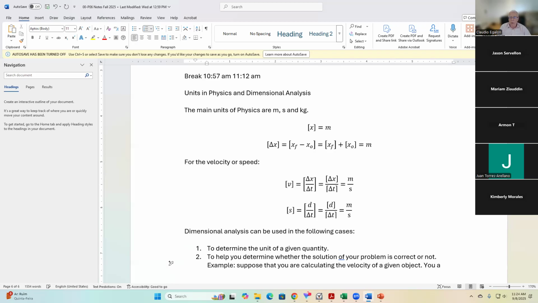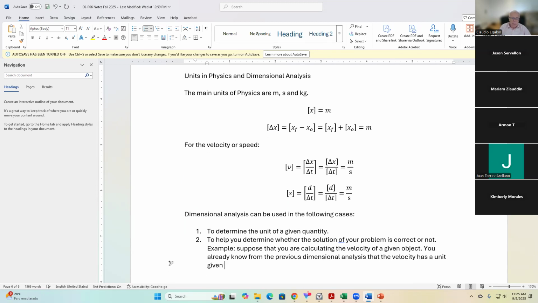You already know from the previous dimensional analysis that the velocity has a unit given by meters per second. Okay?